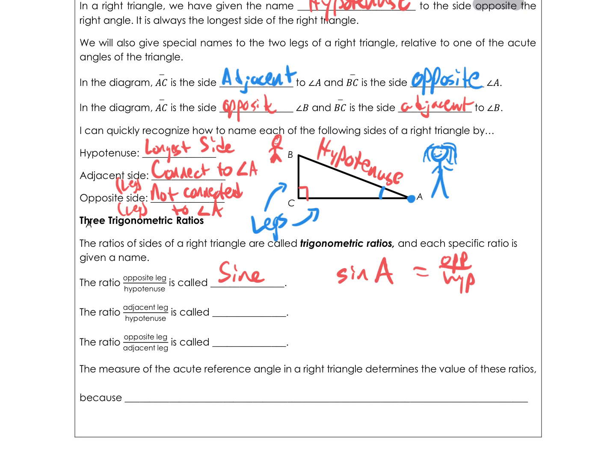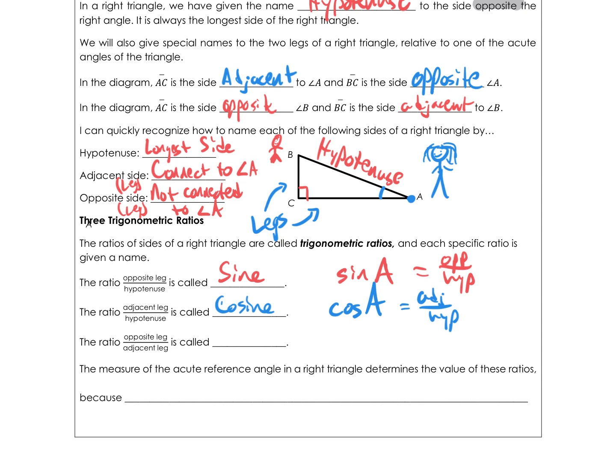If we take the adjacent leg over the hypotenuse, that is the cosine. So we abbreviate that cos of an angle. Cosine of angle A is the adjacent over the hypotenuse. And last but not least is what we call the tangent.